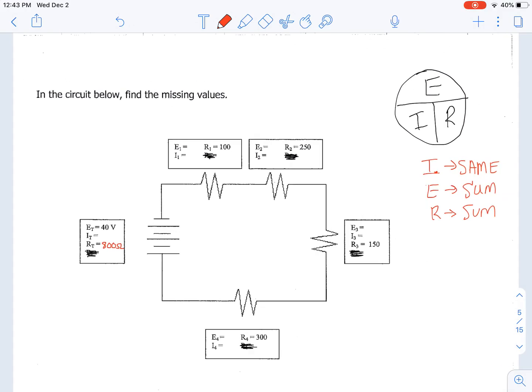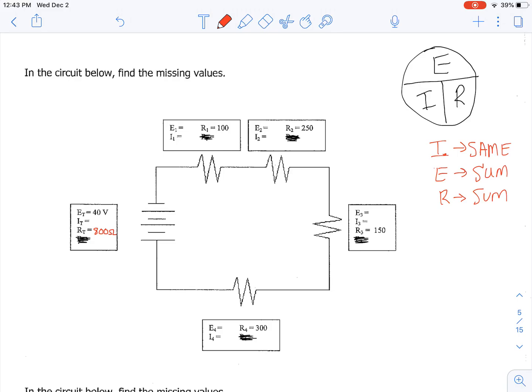All right, so now I ask myself, can I apply a rule for series circuit, or could I apply Ohm's law? Out here, I see that I know E and R, so I can apply Ohm's law to that and find I. Remember how I do this?